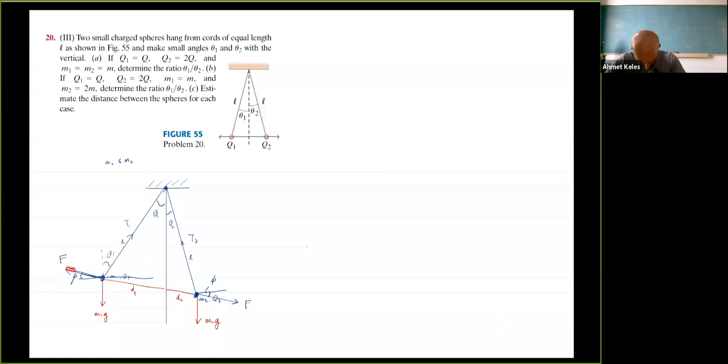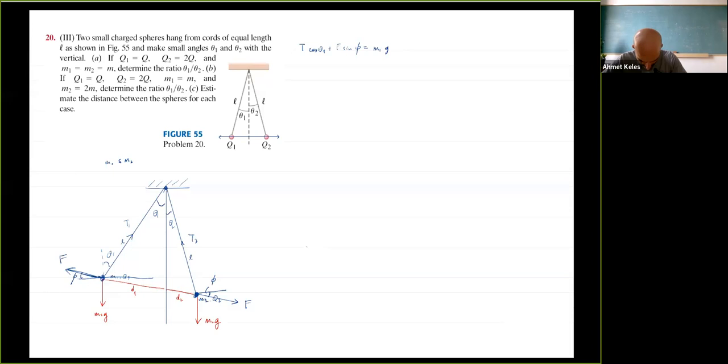So the horizontal component of this guy plus the horizontal component of this guy is going to be T cosine θ1 plus F sine phi. Phi, remember, I call this angle phi, which should be equal to this angle phi. And this should be equal to M1G. And this was the vertical component.